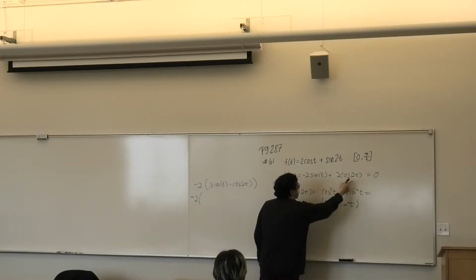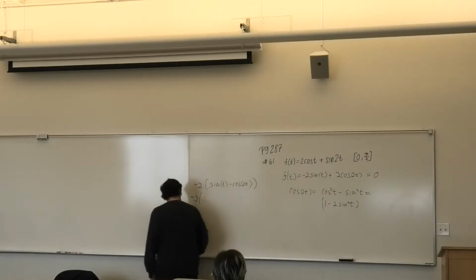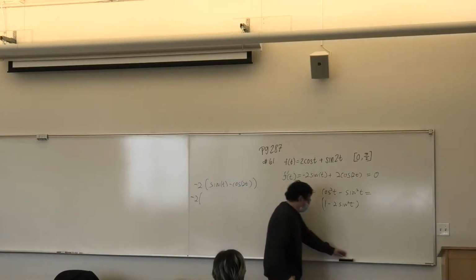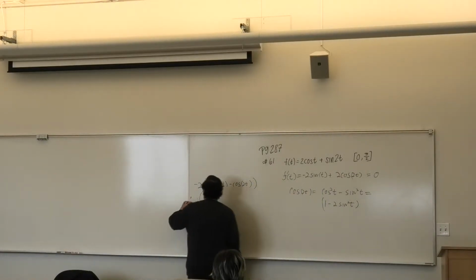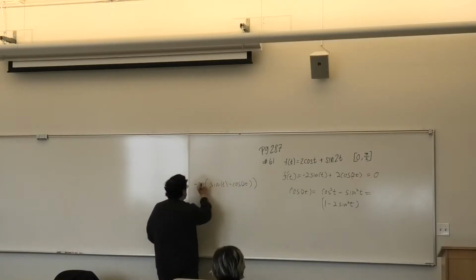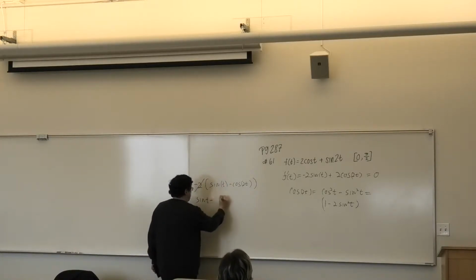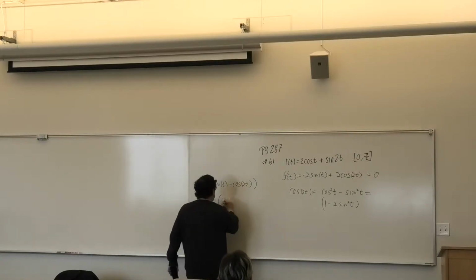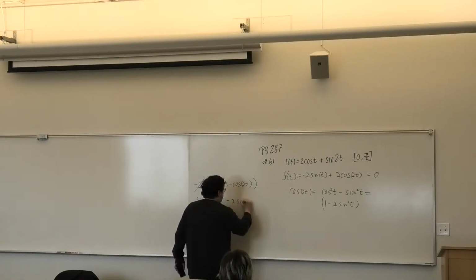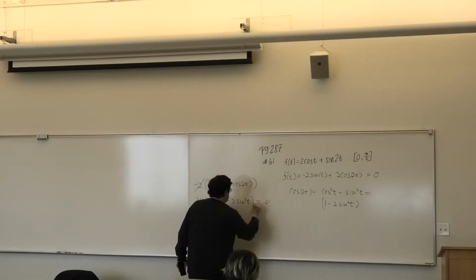I'm setting this equal to 0, so I'm going to forget about this factor here. This can just go away. So I have sine t minus 1 minus 2 sine squared t. I want to set that to 0.